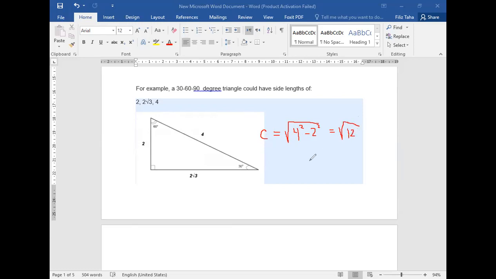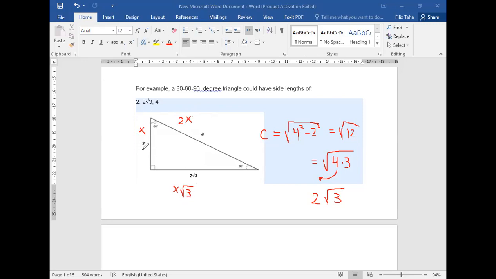I will change 12 to have a number with a root or a perfect square number. So we can say that 12 equals 4 times 3. Now we have the square root of 4, which is 2, and we have the square root of 3. So as we said, the side opposite to 30 is x, the hypotenuse is 2x, and the third one will be x root 3.